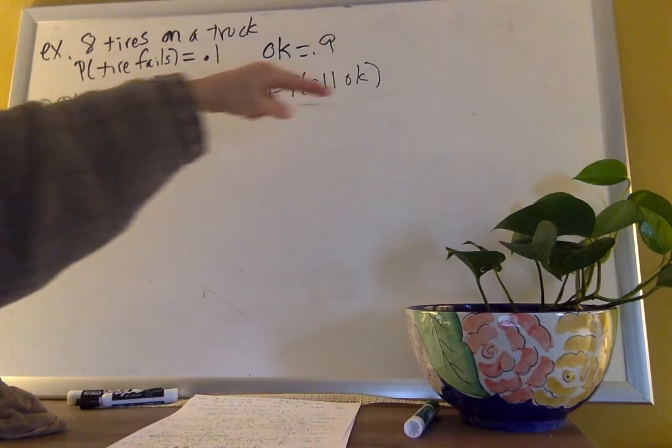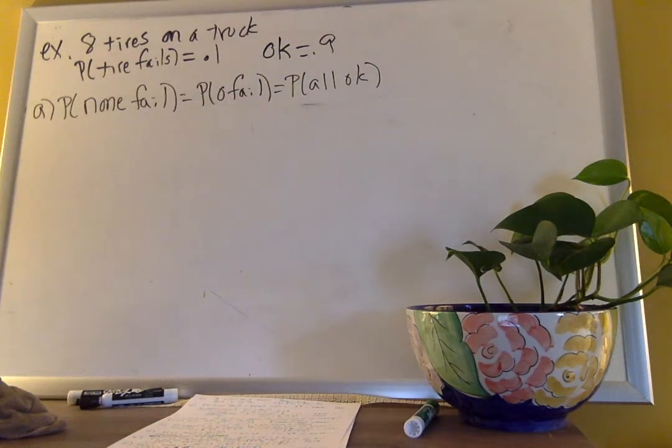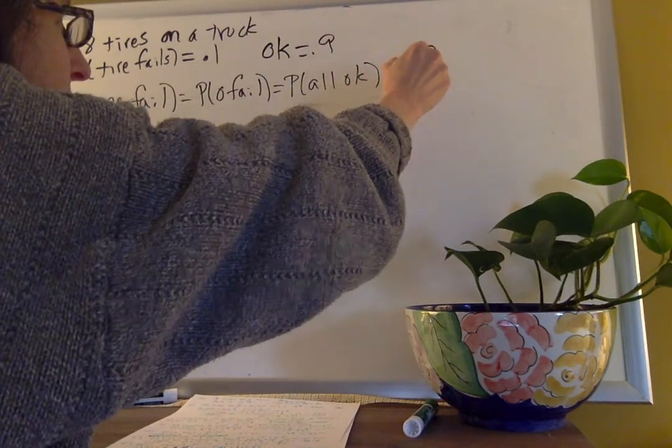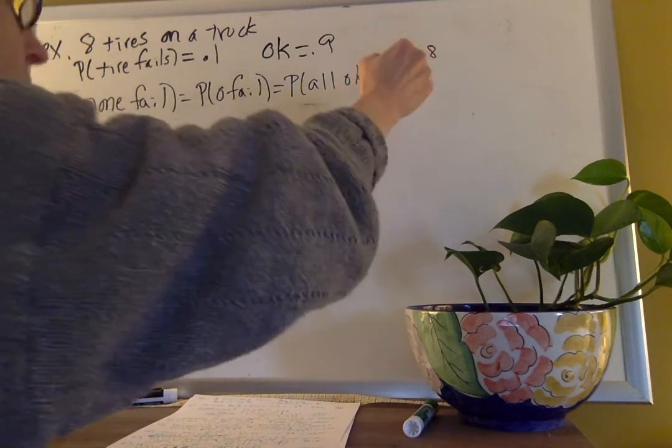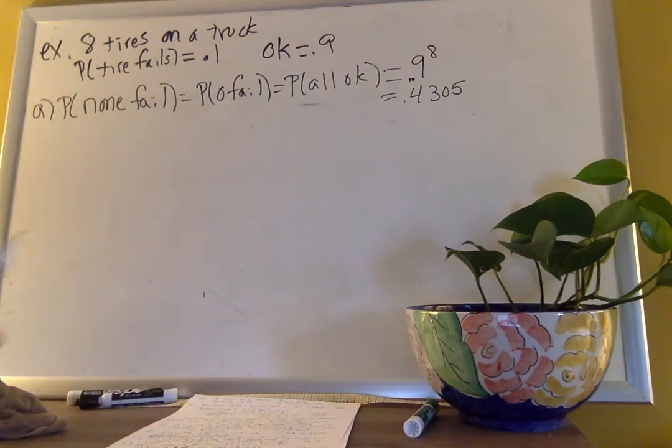So if you put 8 tires in a row and each one is okay, you'd be multiplying 0.9 to the 8th power. So that part right there is review. 0.4305. So that's what I call the old way, before you started watching this binomial video.